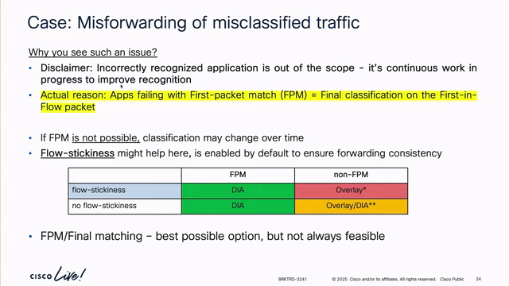We either use a default behavior, which is called flow stickiness. It means if we fail to recognize the application, we will still be forwarding that flow to the same destination, no matter what, even if we change our classification to final sometime later. This is just to prevent disrupting the flow.